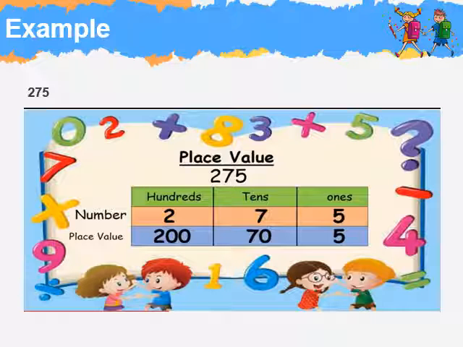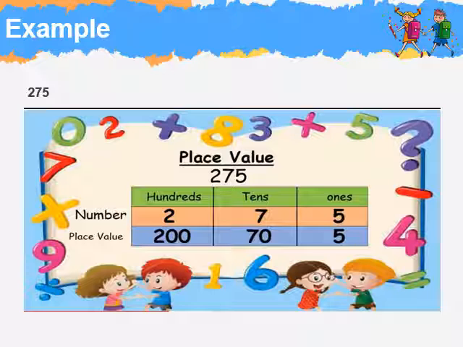Children, 2 is at hundreds place, so it means there are 2 hundreds. So the place value of 2 is 200. Now children, 7 is at tens place, so it means there are 7 tens.